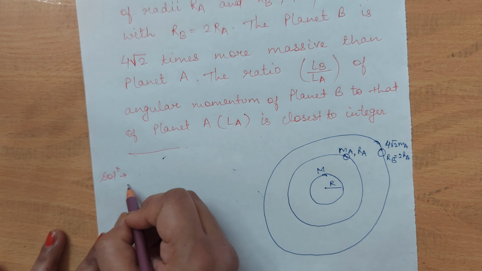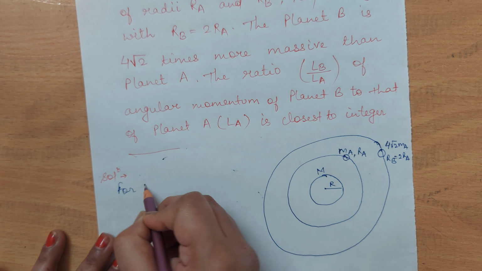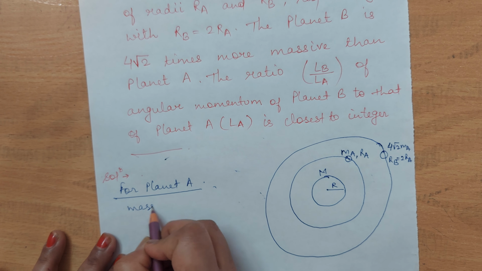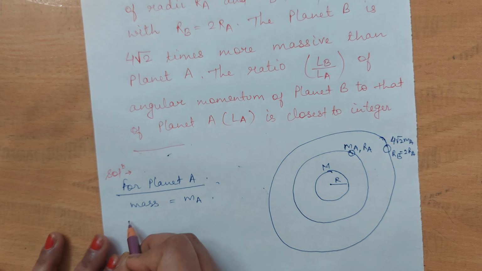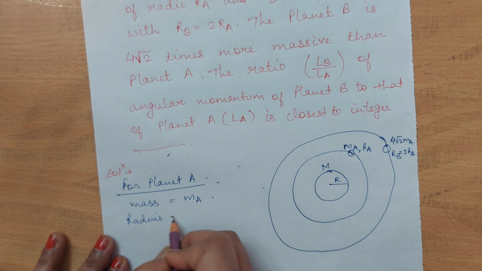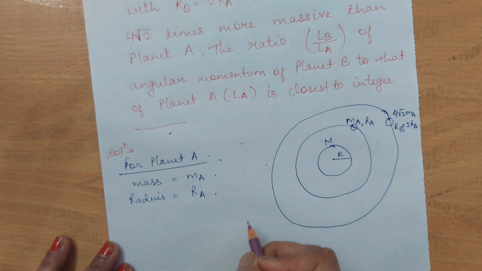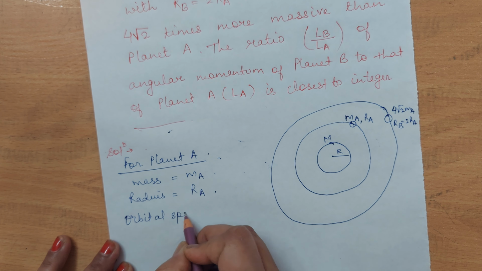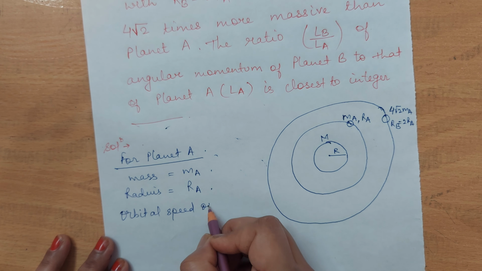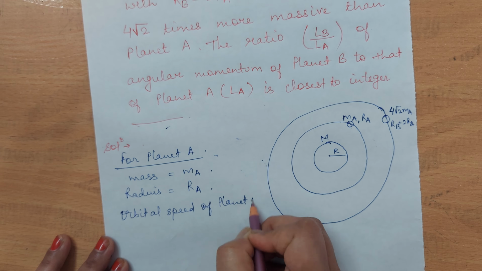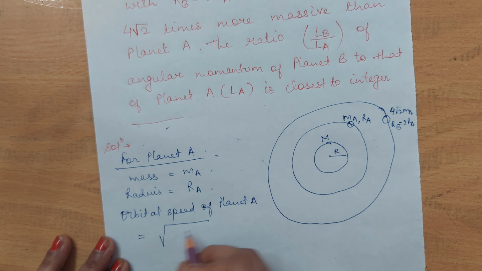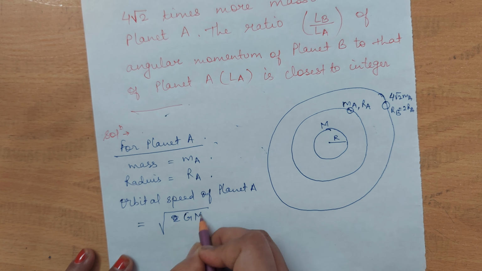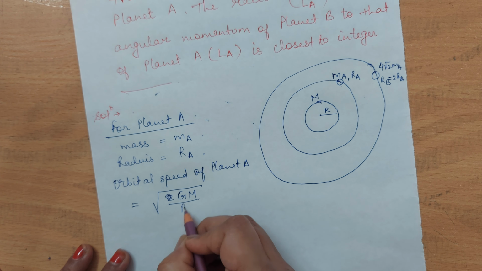So let's calculate. For planet A, we have mass equal to Ma, radius equal to Ra, and orbital speed of planet A will be equal to root under GM by Ra.